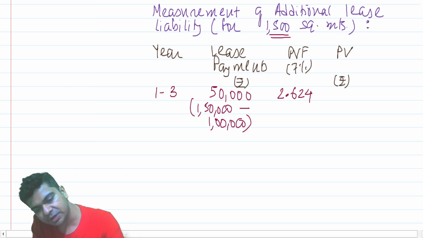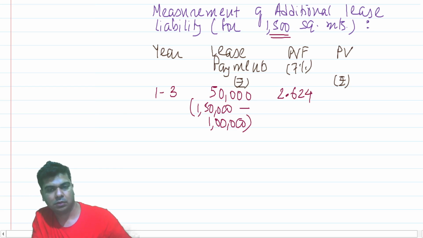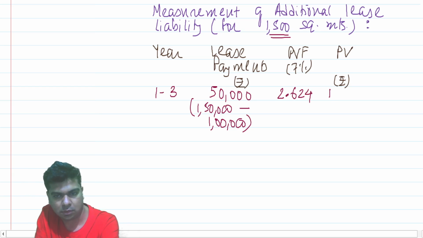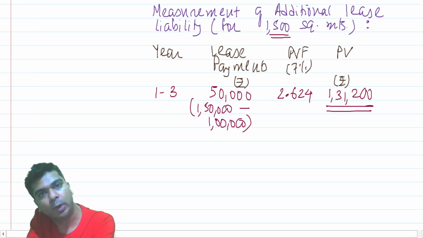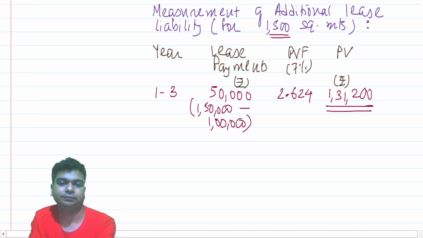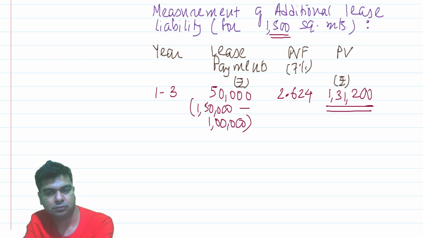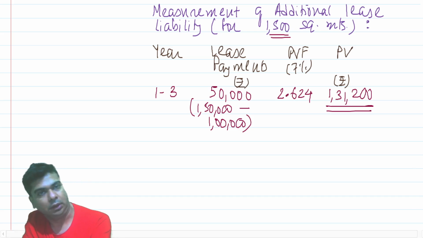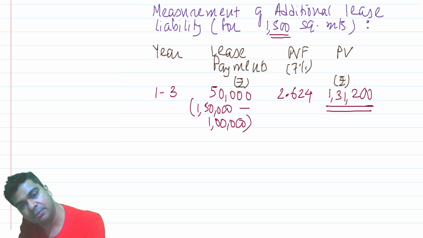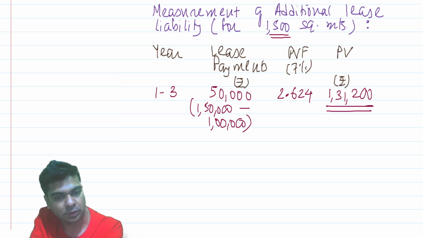2.624 cumulative present value factor. $131,200. So the scope of the lease is increasing by 1500 square meters.